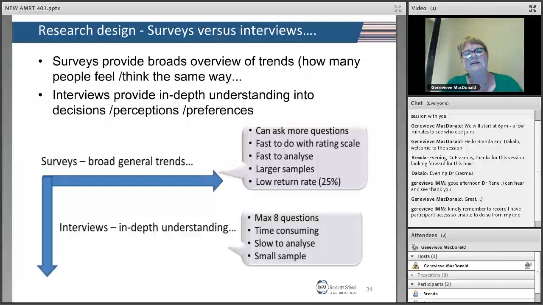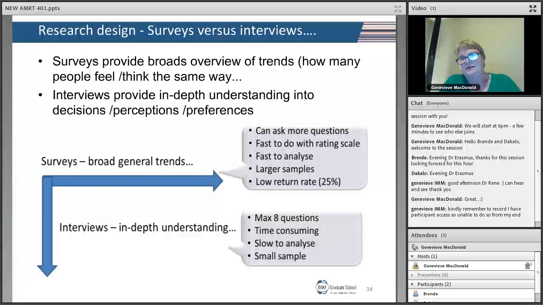So your surveys give you broad general trends. You can ask more questions. It's fast to do if you have proper rating scales. It's fast to analyze, and you can do it on a large sample, which gives you a lot of representation.